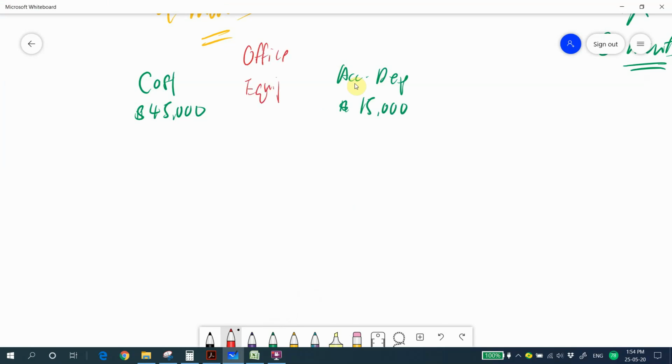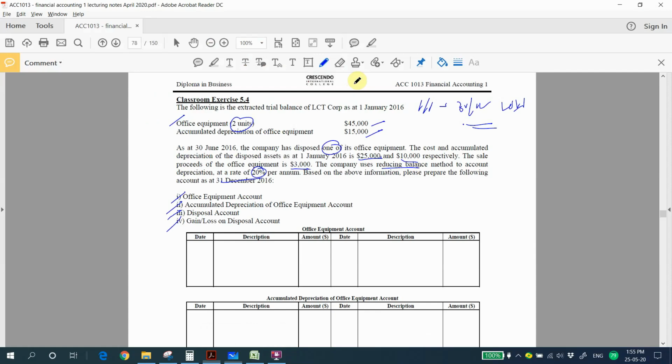So this is cost, which is 45,000, and this is accumulated depreciation, which is 15,000. So how many office equipment do we have? We have 2 office equipment. So we know how to split to office equipment 1 and office equipment 2.